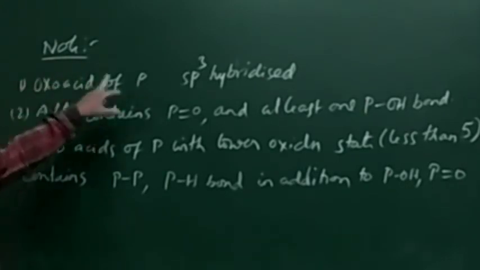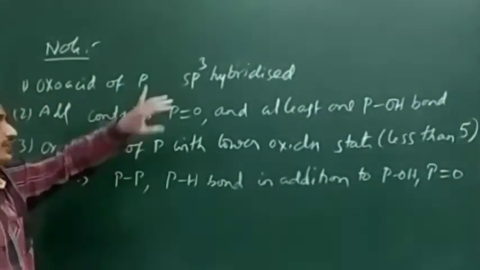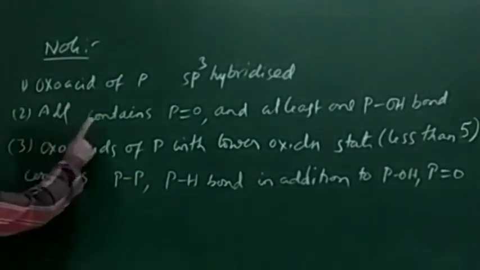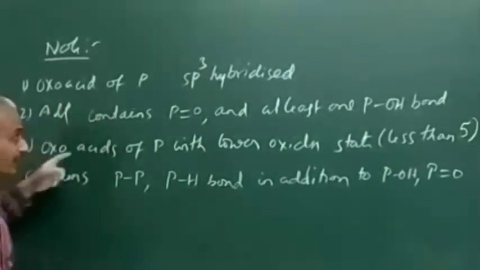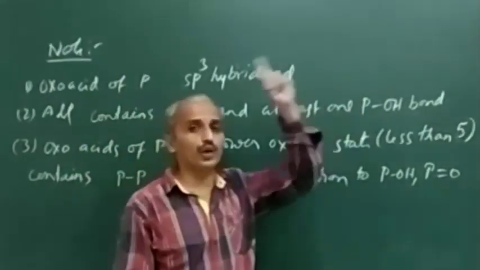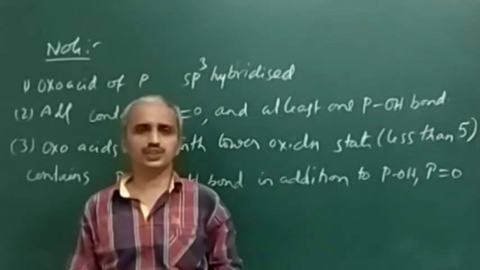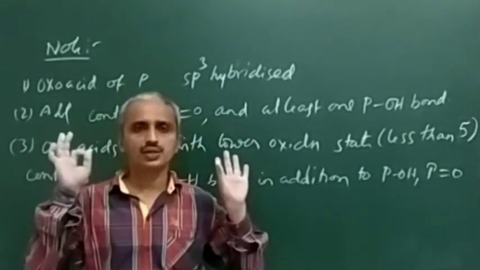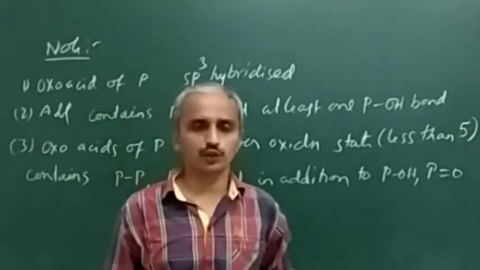And then I say, see, oxo acids, in that phosphorus is always sp3 hybridized. Second one, all oxo acids contain P double bond O and at least one POH bond. Just see that previous structure what I gave. Everything contains at least one POH bond also.